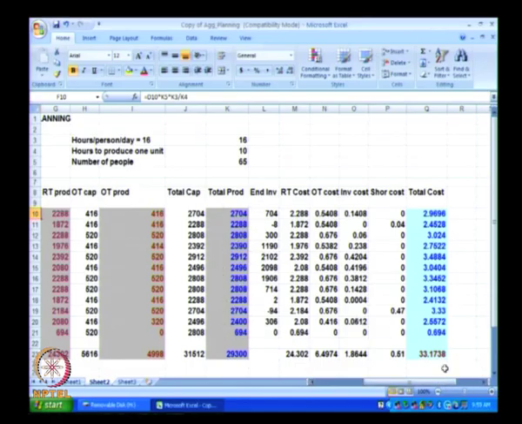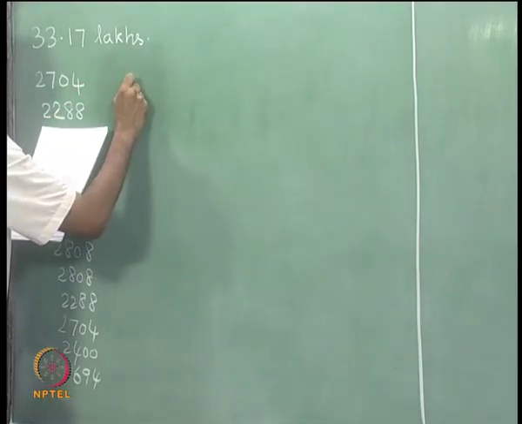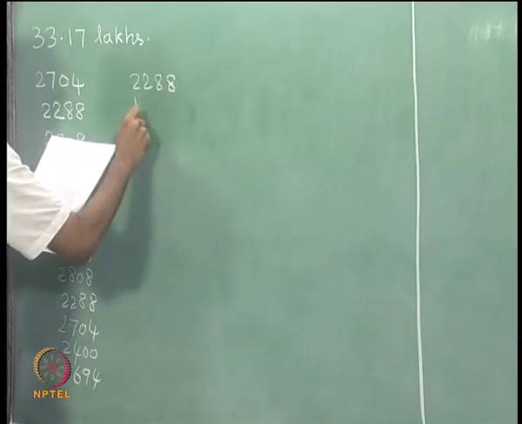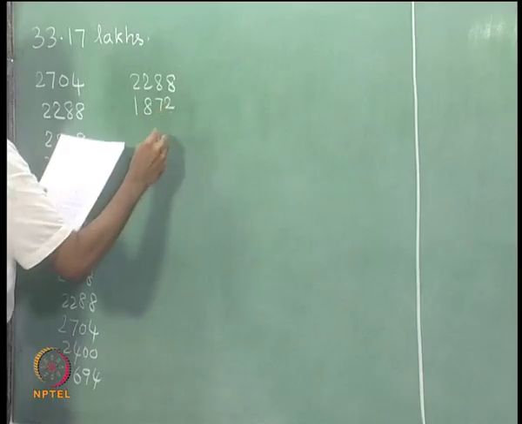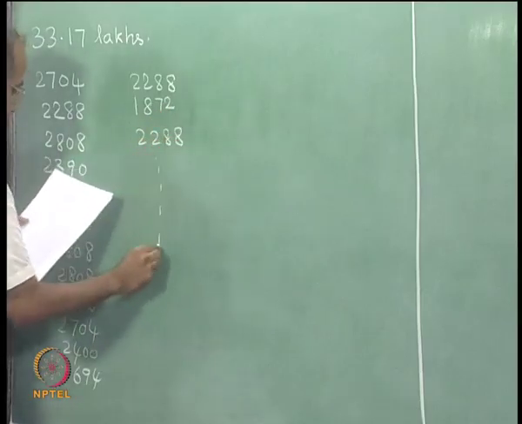Now the total cost is 33.1738 lakhs. Now if we solve the optimization problem for this, the optimum solution is R1 is 2288, R2 is 1872, R3 is 2288 and so on.